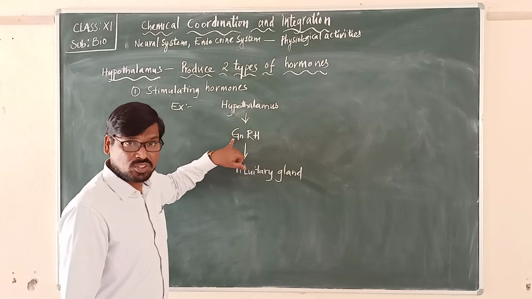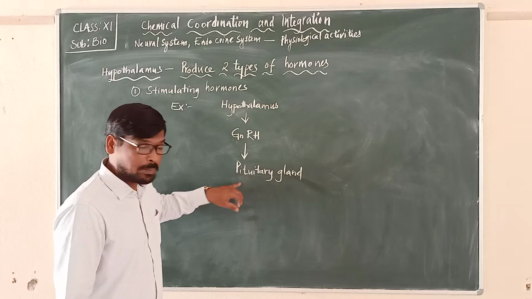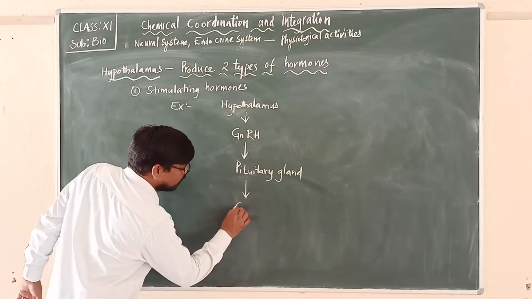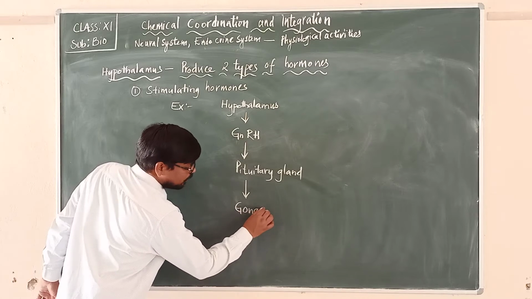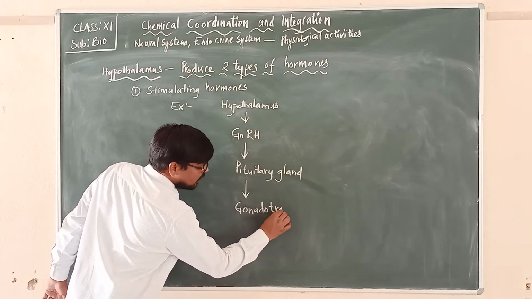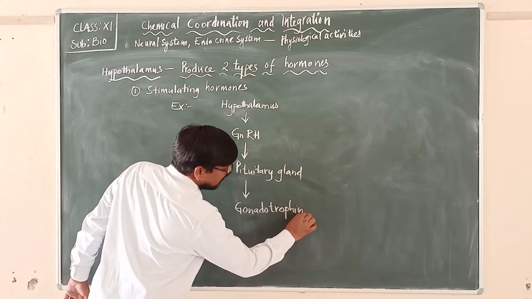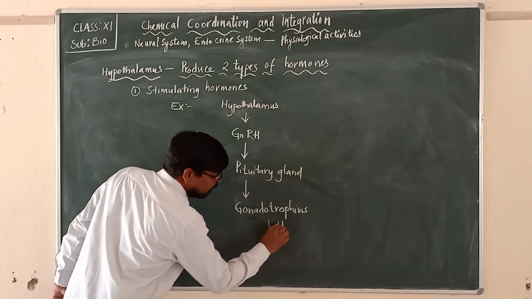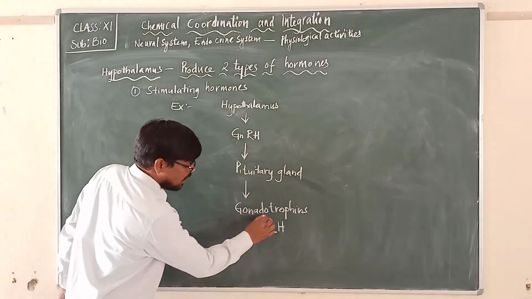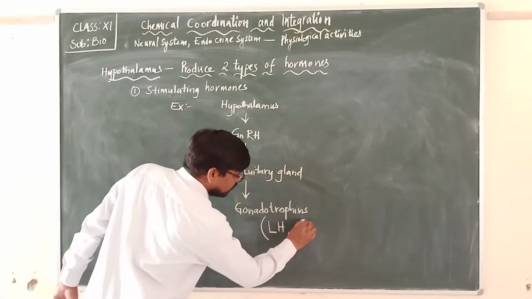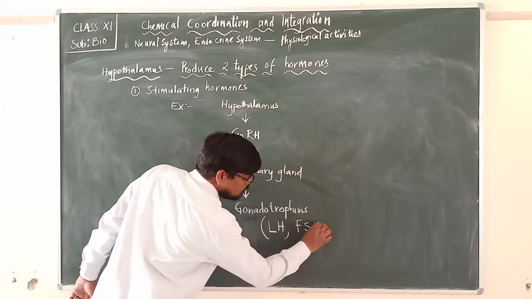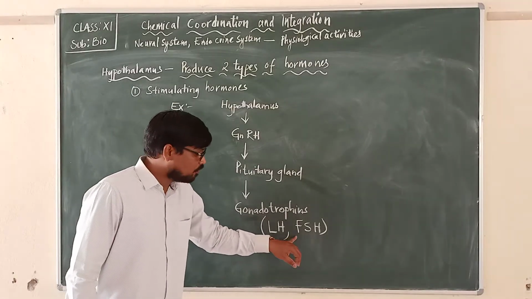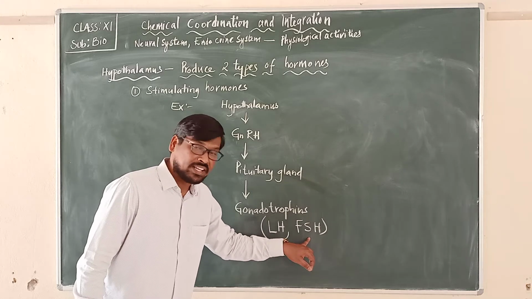When this hormone activates the pituitary gland, the pituitary gland produces gonadotropins. What are these gonadotropins? These are the hormones called luteinizing hormone, LH, and another one called follicle stimulating hormone, FSH.